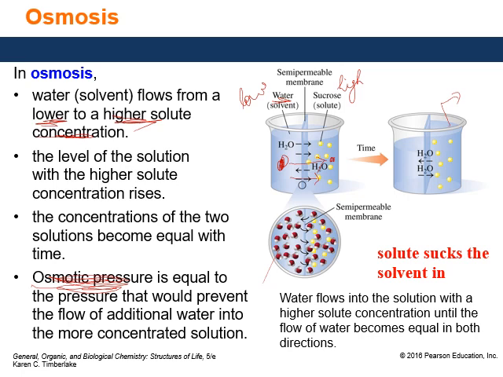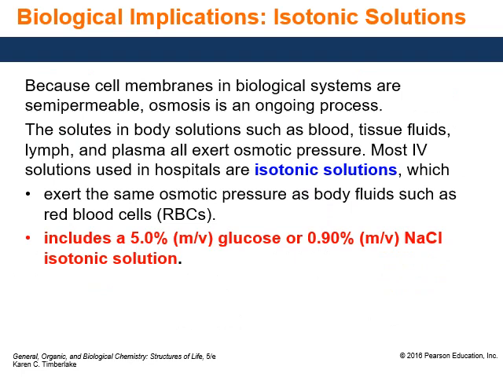Okay, why is this so important in the biological processes? Our cells are surrounded by body fluids, right? The cells in our body are surrounded by a bunch of solutions or fluids. For instance, there is blood, there is lymph, there is plasma, different kinds of tissue fluids. All of those solutions are a mixture.